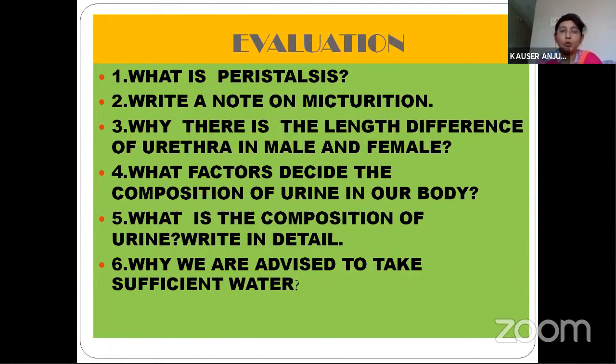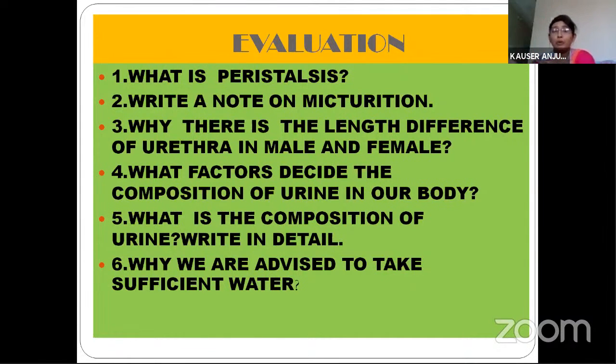And next, coming to the third question, why is there a length difference of urethra in male and female? Why is there a difference? In males, the urethra is passing through the penis. So it is very long.